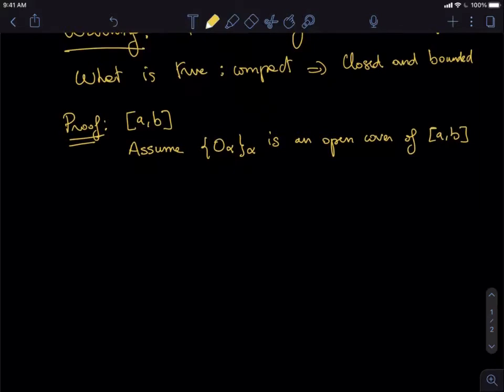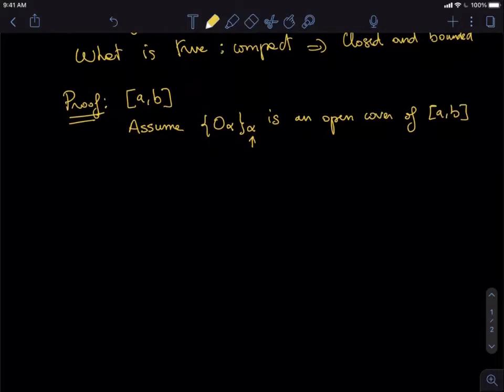Now we need to show that we can extract a finite subcover. Notice here the alpha: this doesn't need to be a countable set. This set of indices may very well be uncountable. We may have an open set for each and every point of the interval [a, b]. So we have no control on that.